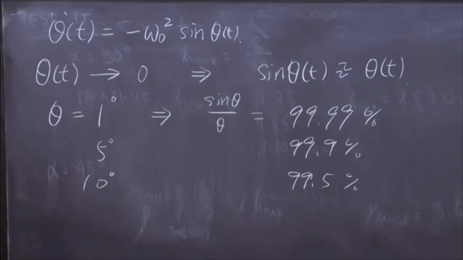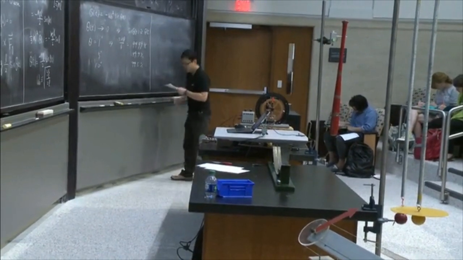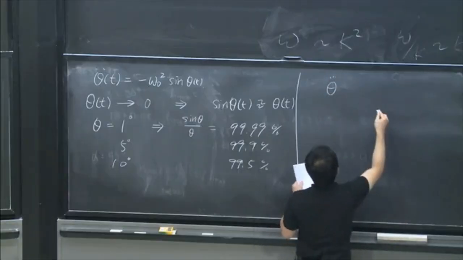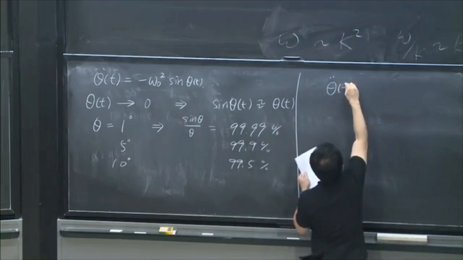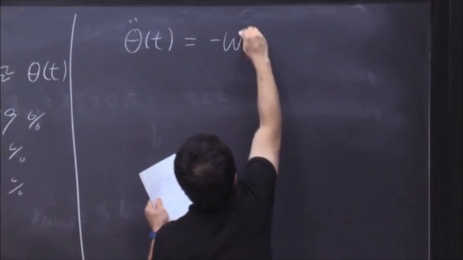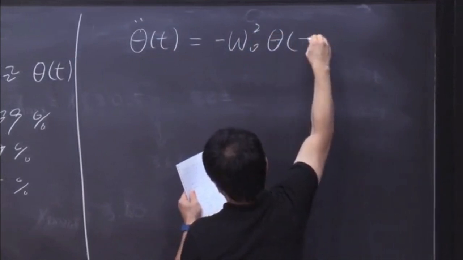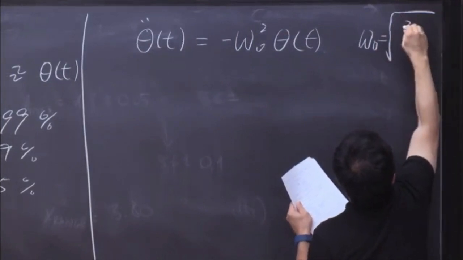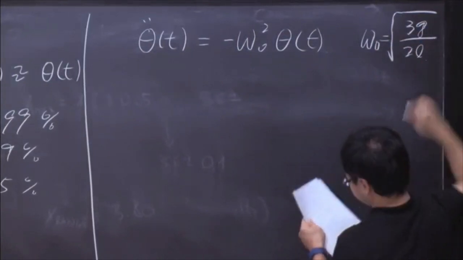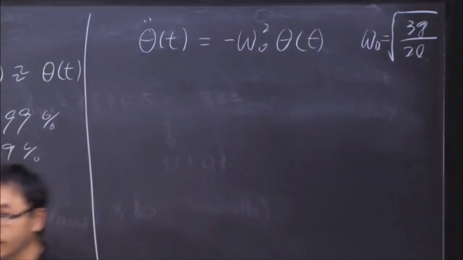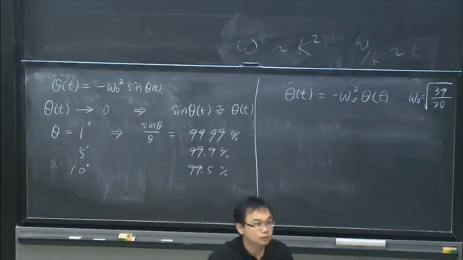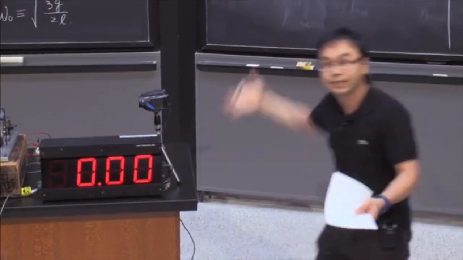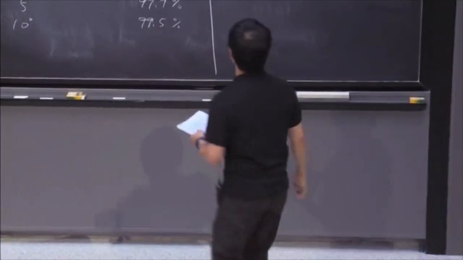That's very nice. After this approximation, I get my final equation of motion, theta double dot of t equal to minus omega 0 squared theta of t. Just a reminder, omega 0 is equal to the square root of 3g over 2L. We have solved this equation in the last lecture, right? It happens to be exactly the same.